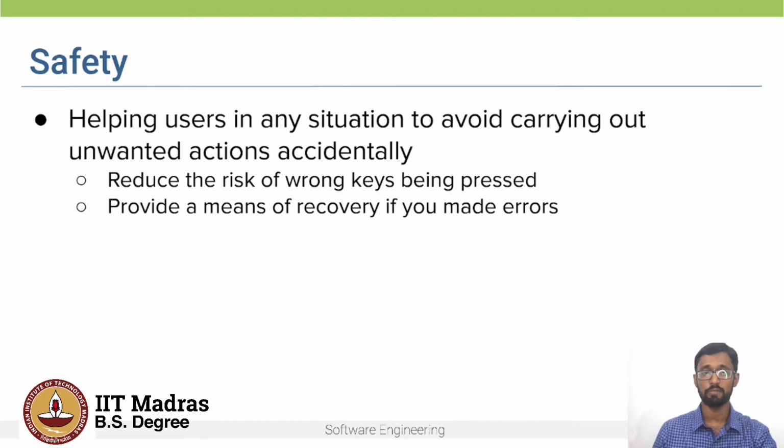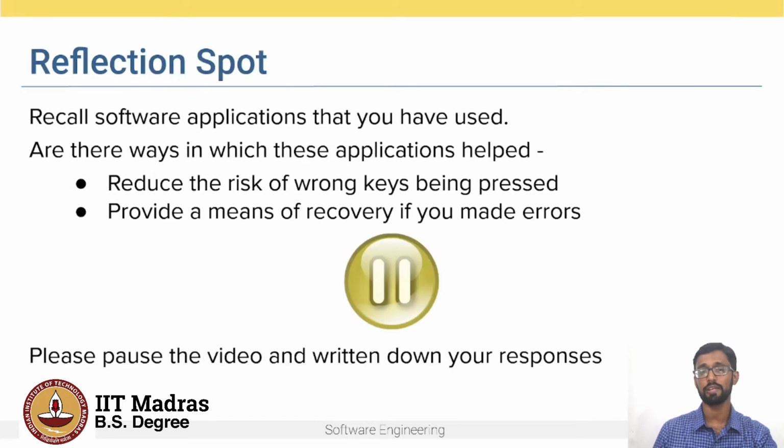So these unwanted actions can be we press wrong keys by mistake, or if we have made some errors, we should provide means of recovery to users. So let's reflect on this question. Most of you have used several software applications.